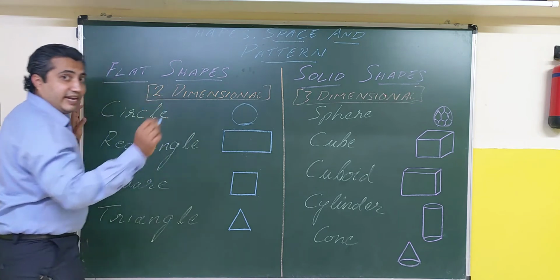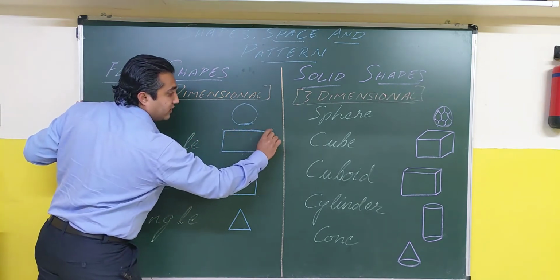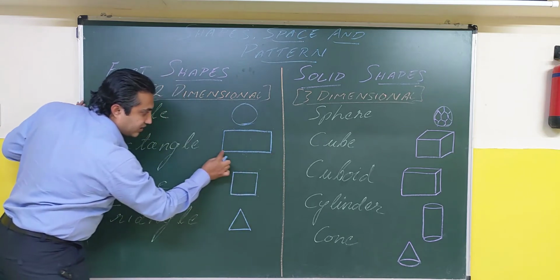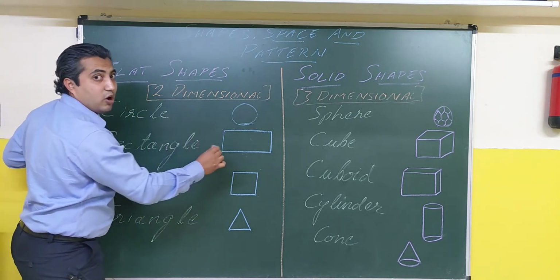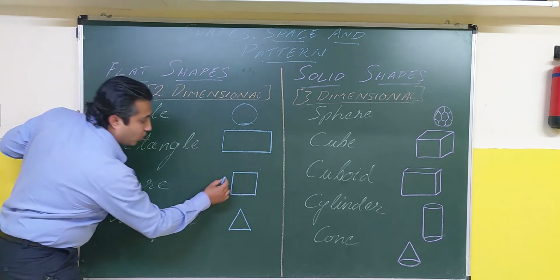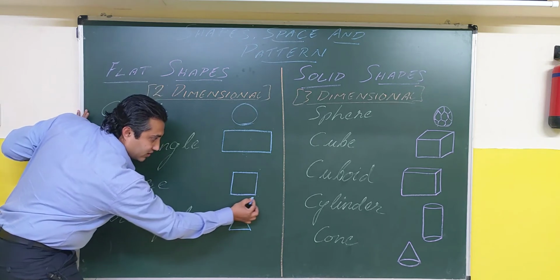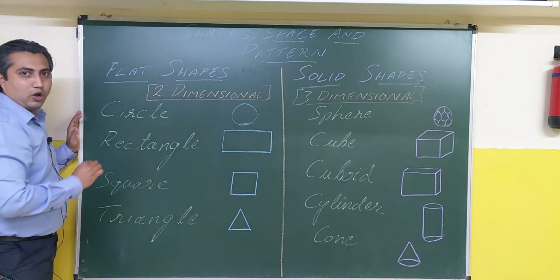And sides. How many sides does a rectangle have? This is 1. This is 2 side. This is 3 side. And this is 4 side. So a rectangle has 4 sides. How many sides does a square have? 1, 2, 3 and 4. So there are 4 sides in a square also.